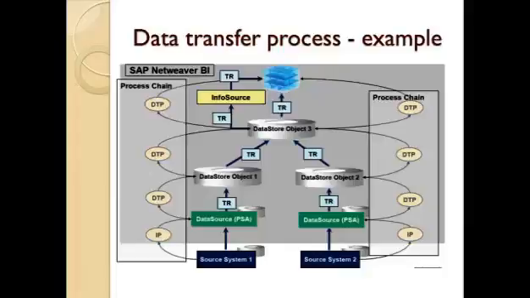We'll be talking about PSAs, data store objects, and info cubes in more detail in the next few slides. But again, the example illustrates the data flows from bottom to top, involving transformation and also DTPs.